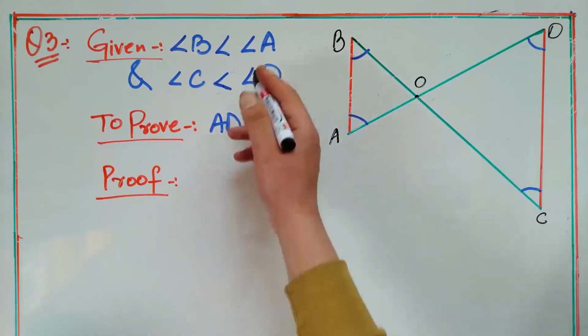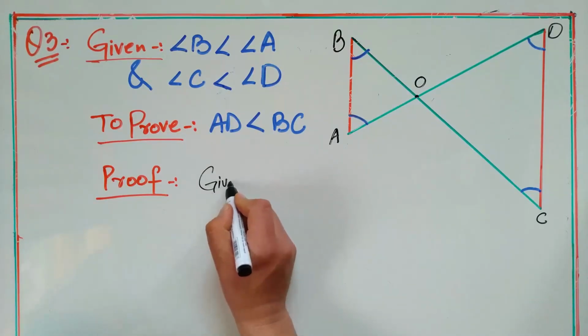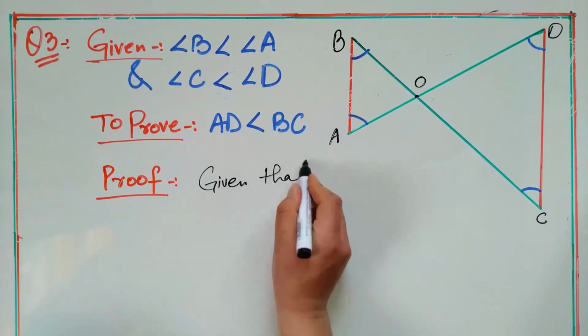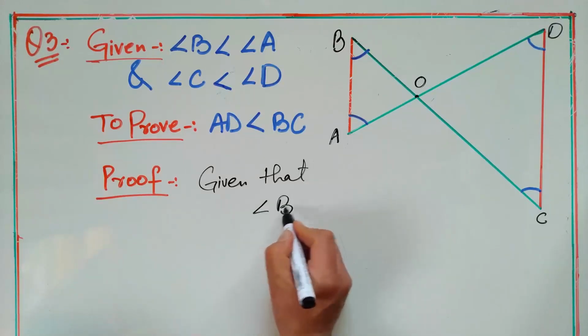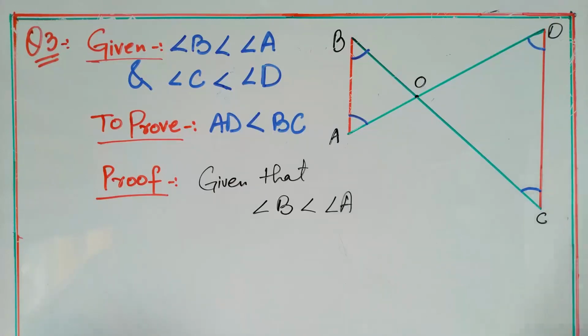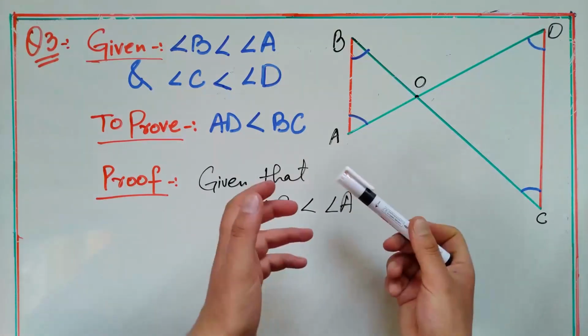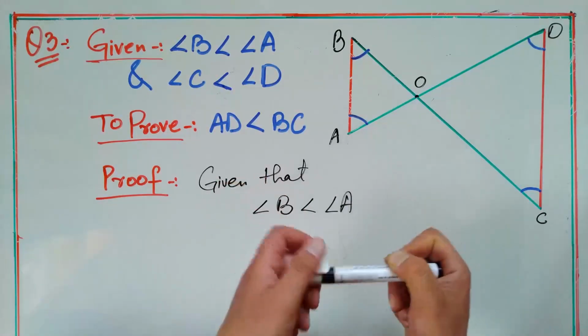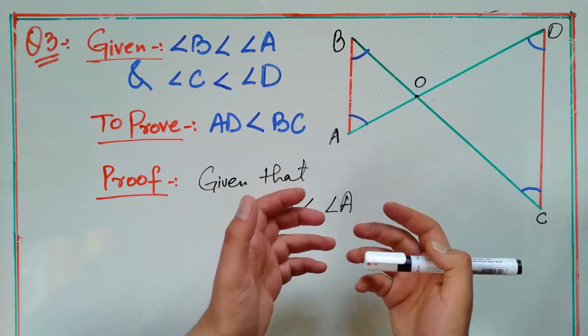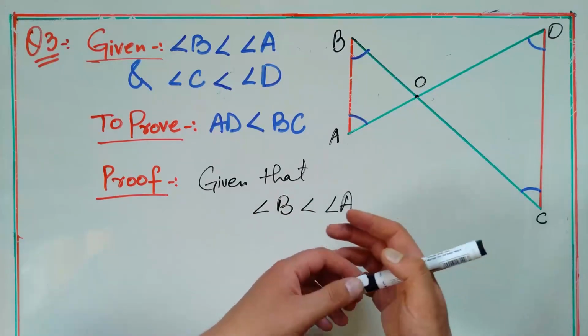So in the proof, I'll start with the given that angle B is smaller than angle A. Now, you know that the side opposite to the larger angle is longer. Similarly, the side opposite to the smaller angle is also smaller, isn't it?